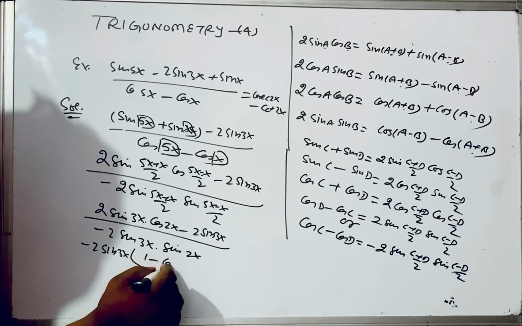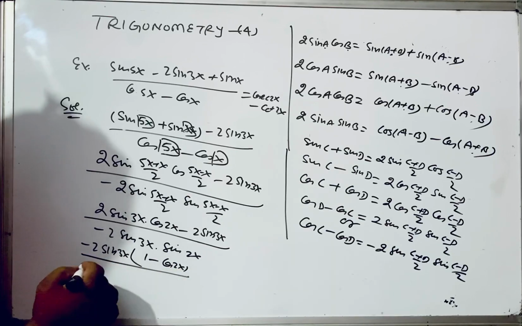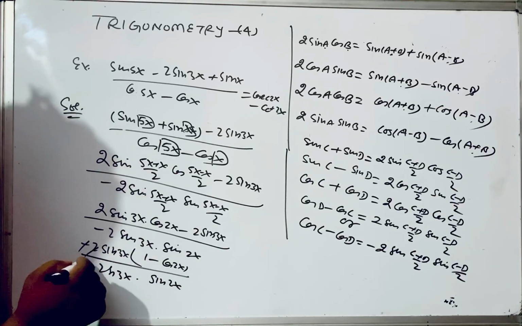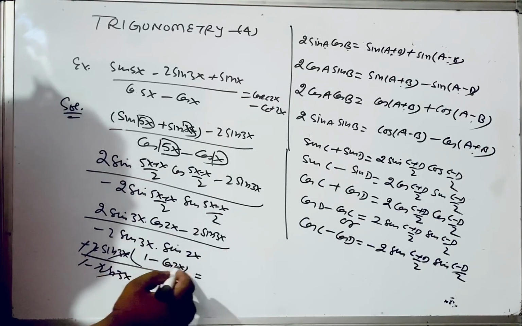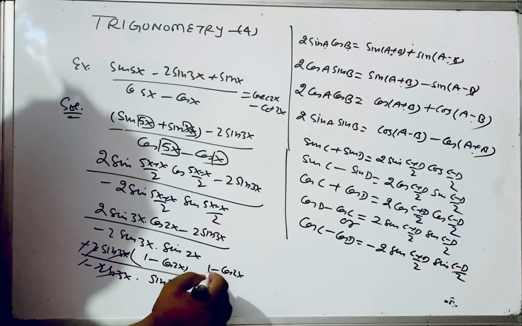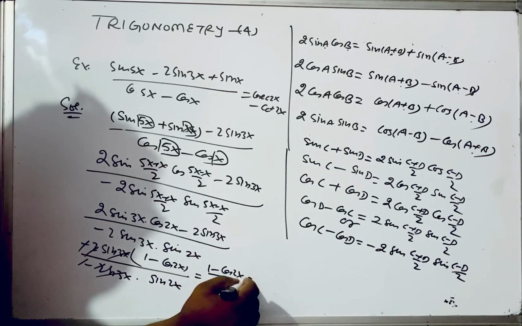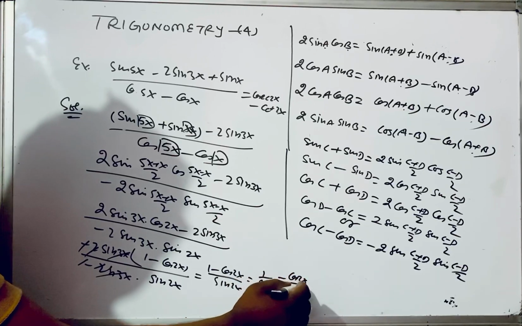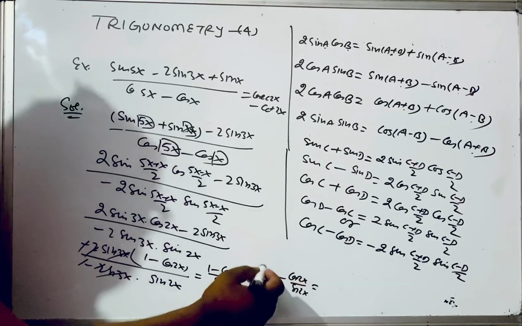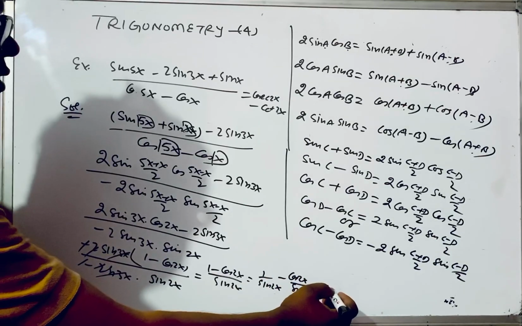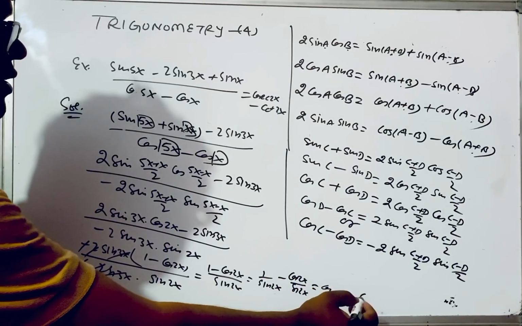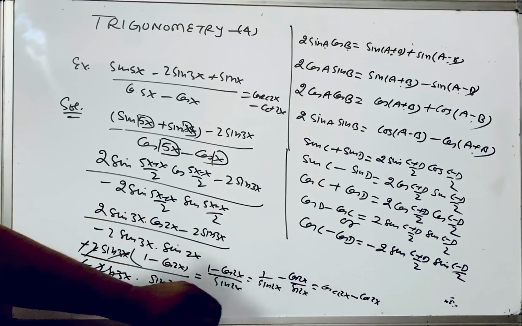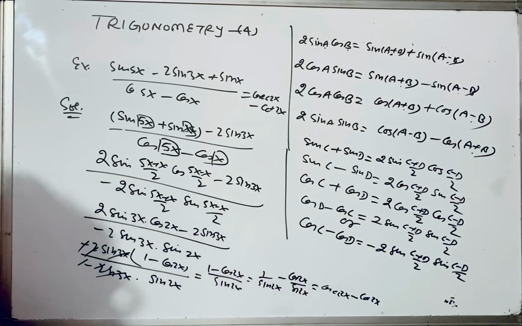We will get 1 minus cos 2x upon sin 2x. Individually divide: 1 upon sin 2x minus cos 2x upon sin 2x. What is 1 upon sin 2x? This is cosec 2x minus cot 2x. 1 upon sin 2x is cosec 2x, cos 2x upon sin 2x is cot 2x. Proved.